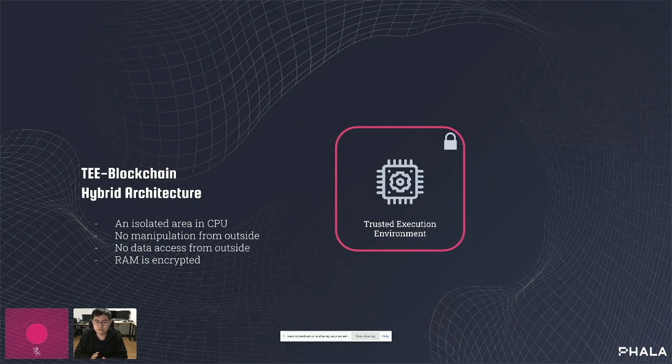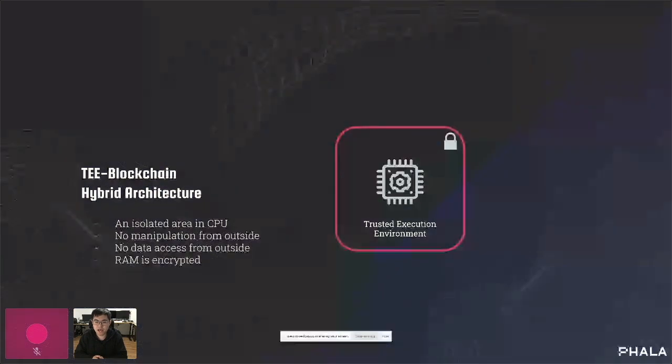So instead of running the smart contract right on the blockchain, we use a technology called the trusted execution environment. It's an isolated area in the CPU. It's also called a hardware secure enclave, because it's a combination of hardware and software. We can deploy a program in the TEE, in the enclave.